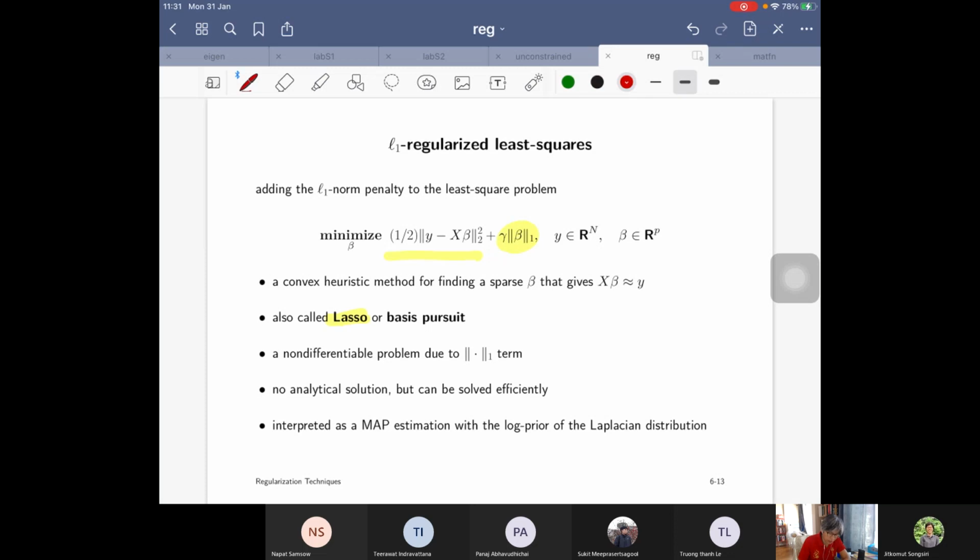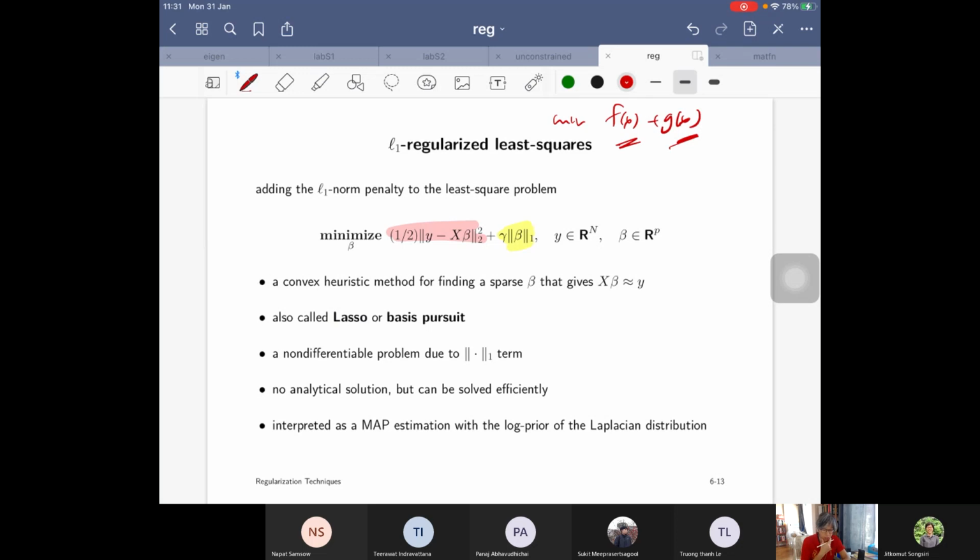The meaning would be that, of course, the cost objective consists of two terms: the term with the quadratic loss, or the least square, and the other term, which is the L1 penalty. Of course, we mentioned before that when you minimize the sum of two terms, you want these two functions to be minimized at the same time.